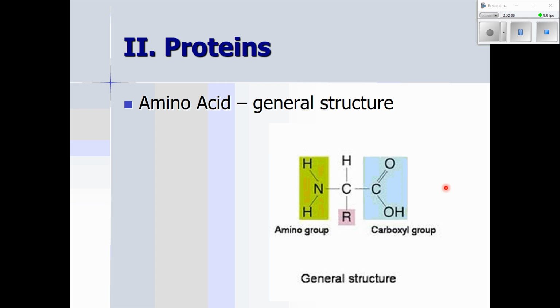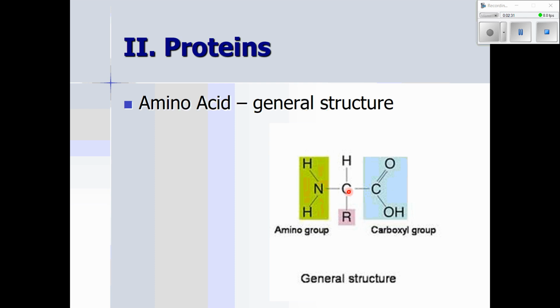If a protein is a polymer made up of individual amino acids, then it's important for us to understand the structure of an amino acid. So this is the general structure. All amino acids have this same basic structure. Every single amino acid has a nitrogen.